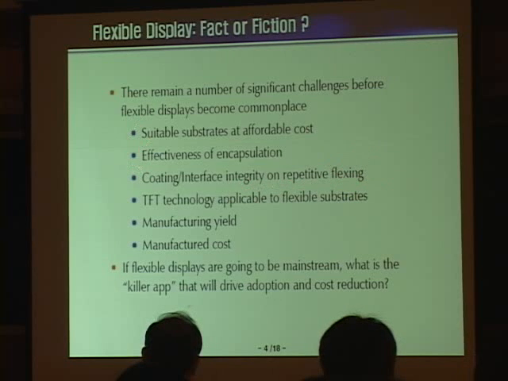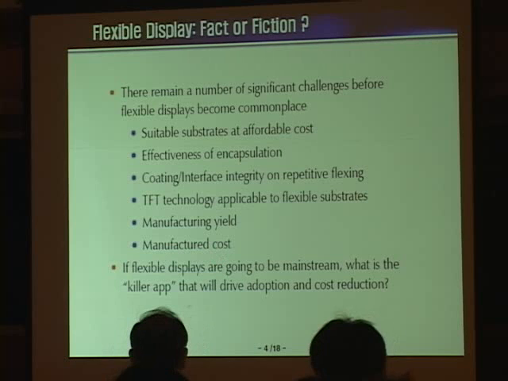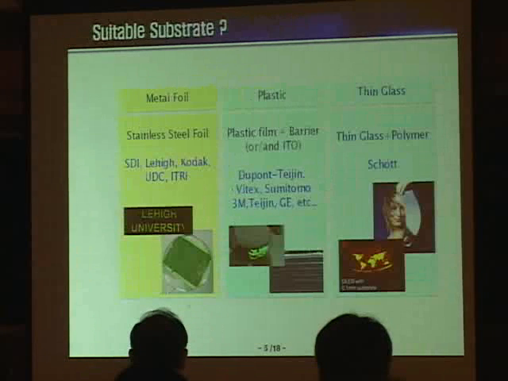From this basis, we should also select the TFT technology. After that, we should increase the yield and reduce the cost. In addition to these items, we should also consider the killer application if we want to make the flexible display mainstream. Next slide, please.